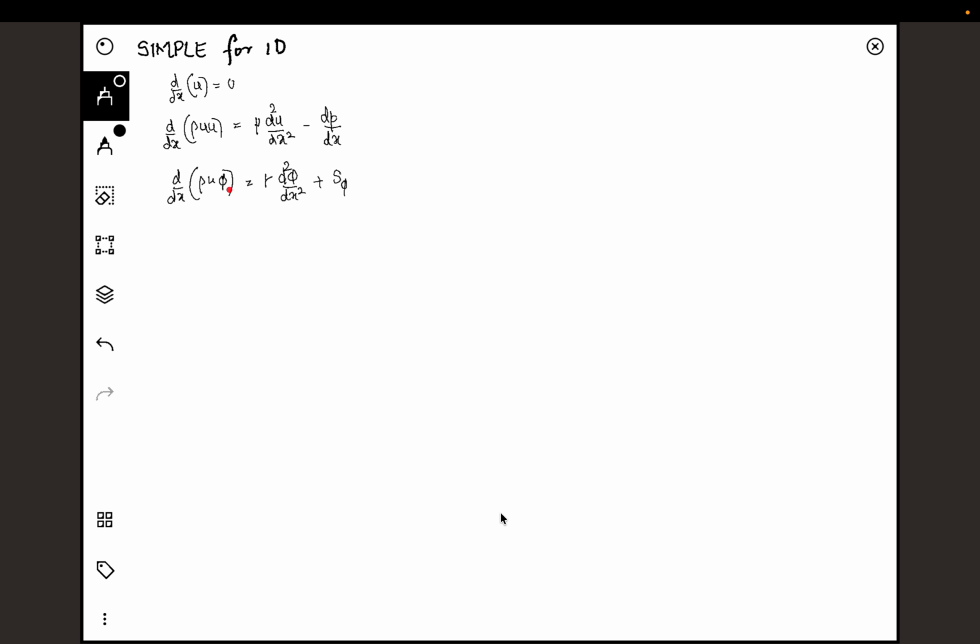Now phi is replaced with u, and this is basically my source term, if you compare these two equations. But the main challenge is that when u is already known to us, the equation is actually linear. However, here it is a nonlinear equation, which means we have to come up with a different way to solve the same set of equations.